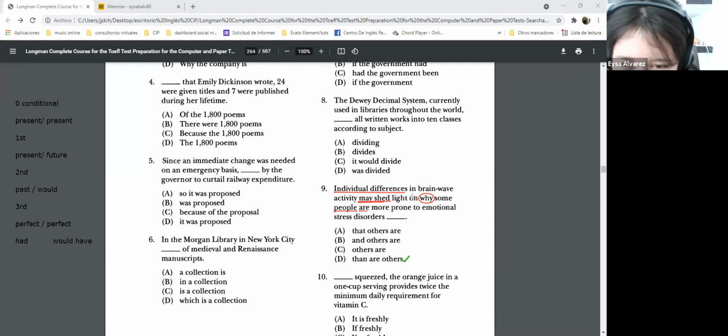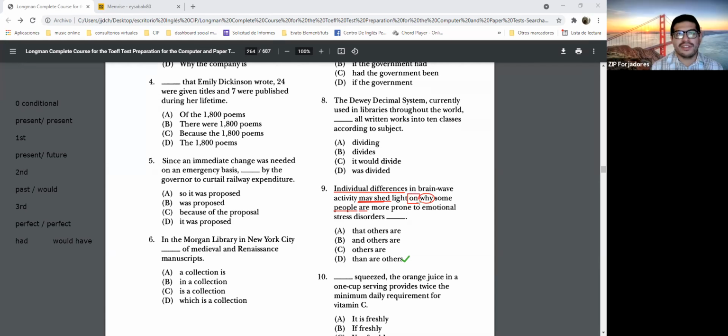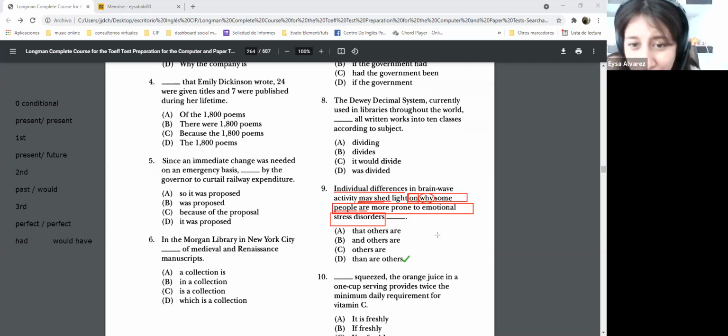I think that is the object of the preposition on. So this is all a prepositional phrase, starting with the preposition on and ending in disorders.